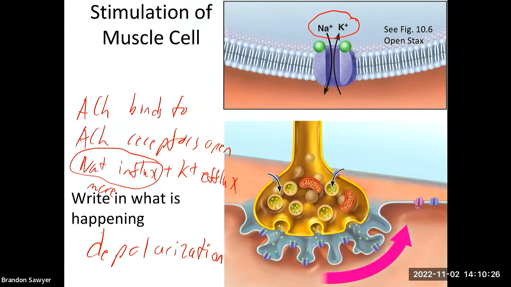We depolarize the membrane, and it goes from that -70 up toward the positive direction. If we get enough of that depolarization, meaning enough acetylcholine release and enough sodium rushing in, then the depolarization spreads over to this part of the membrane. On this part we have special ion channels, voltage-gated ion channels. We'll talk more about those when we talk about action potentials, but that starts the action potential.